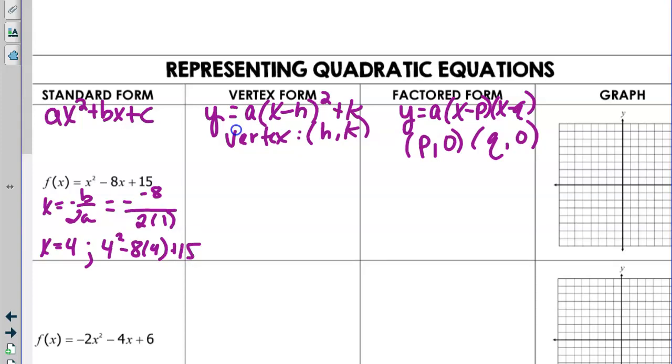Negative 1, exactly. Plus 15? Yes. Yep, and I got that from the formula. So for this particular one, my vertex is (4, negative 1).